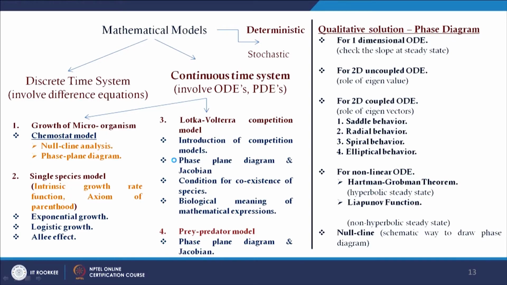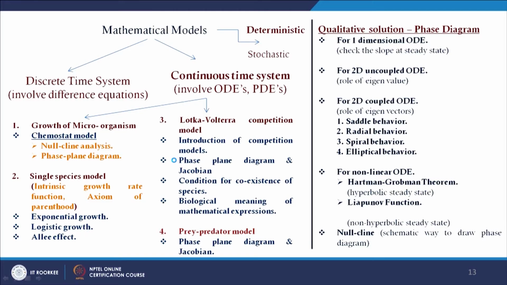And for the 2D system, we have discussed both the coupled system and uncoupled system, and how the eigenvalue behaves in determining the stability nature of the system in the 2D uncoupled form.